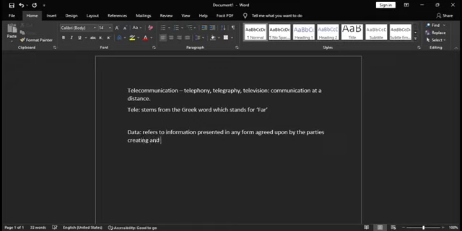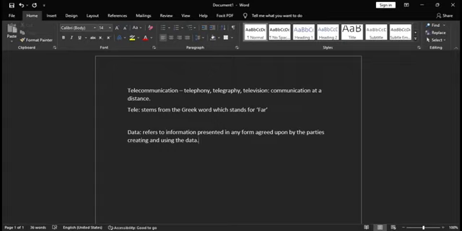So data refers to information presented in any form agreed upon by the parties creating and using the data.